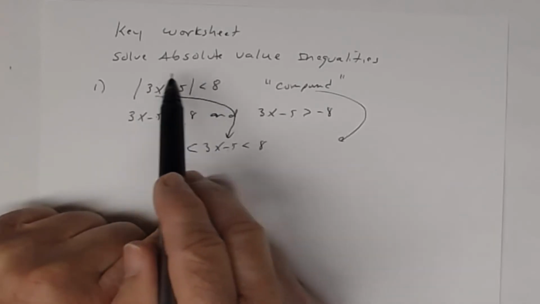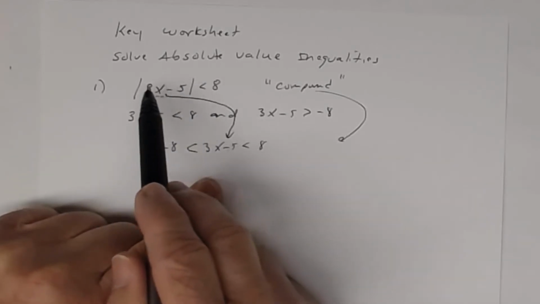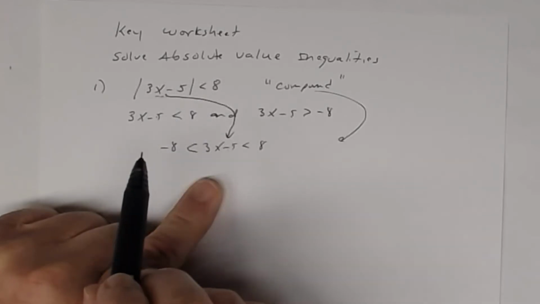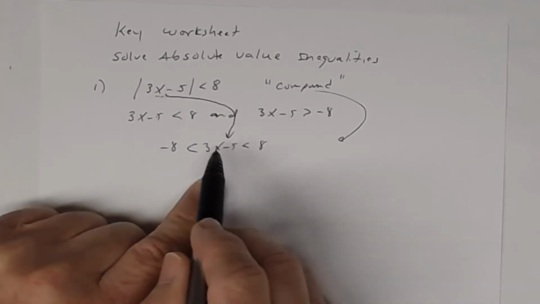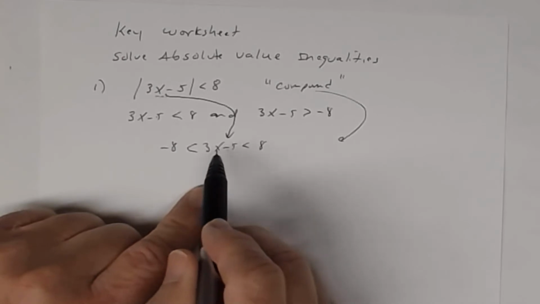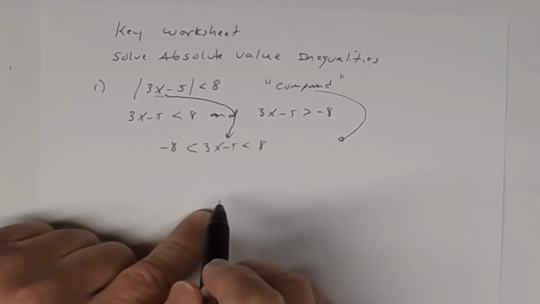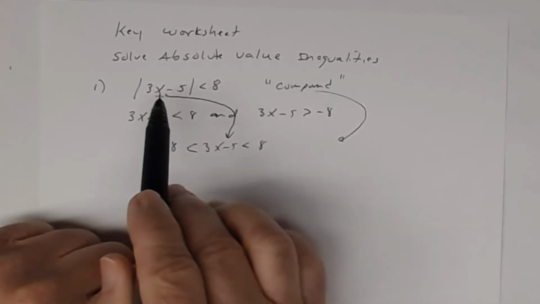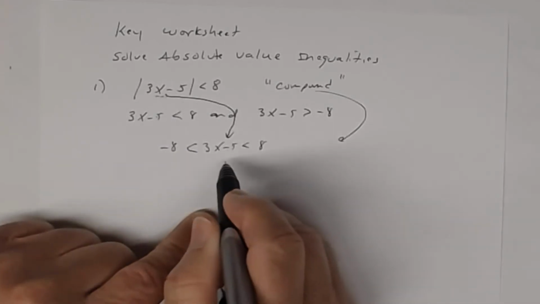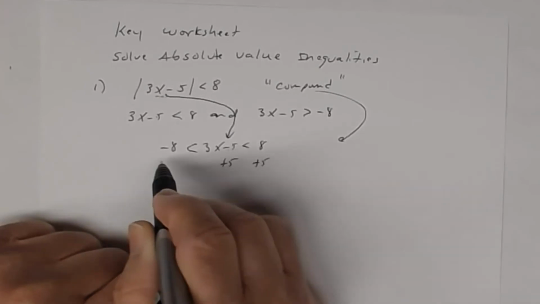So you're trying to find any real number such that when you take the absolute value of this expression, it's going to be less than 8. And so to solve this, we're going to write equivalent statements so that we get x by itself. Once we get x by itself in the middle, you've found all real numbers that will make this true. First of all, let's add 5 to both sides.